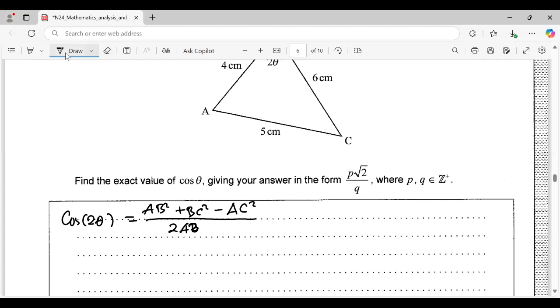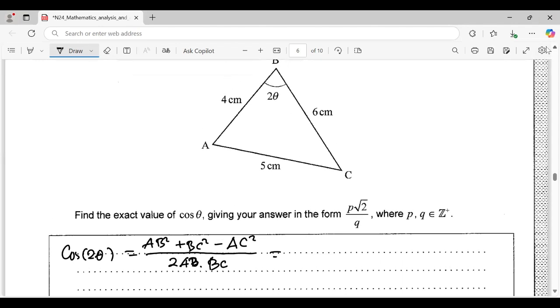Wait, I'm going to show you this triangle.